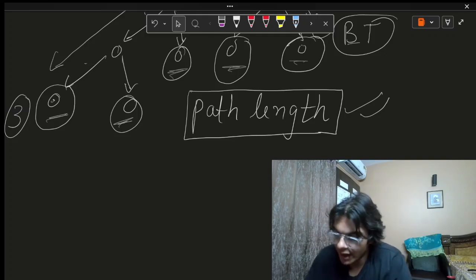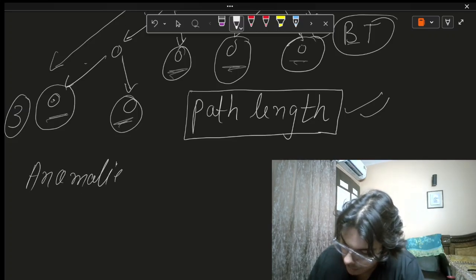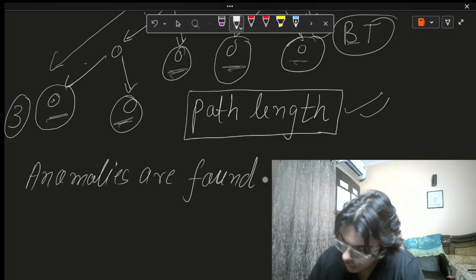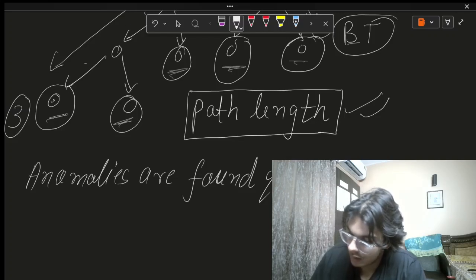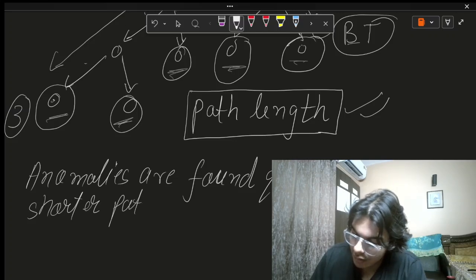So if I write it down: anomalies are found quickly and have a shorter path length.